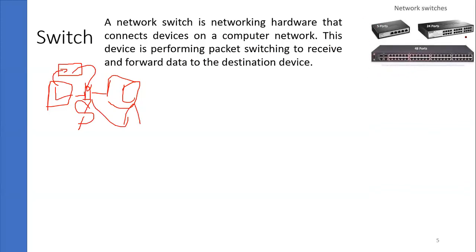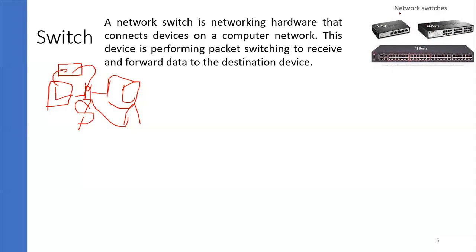Now there are a number of network switches available based on the ports. These are the network ports. This switch contains 5 ports. This switch contains 24 ports, and this switch contains 48 ports.